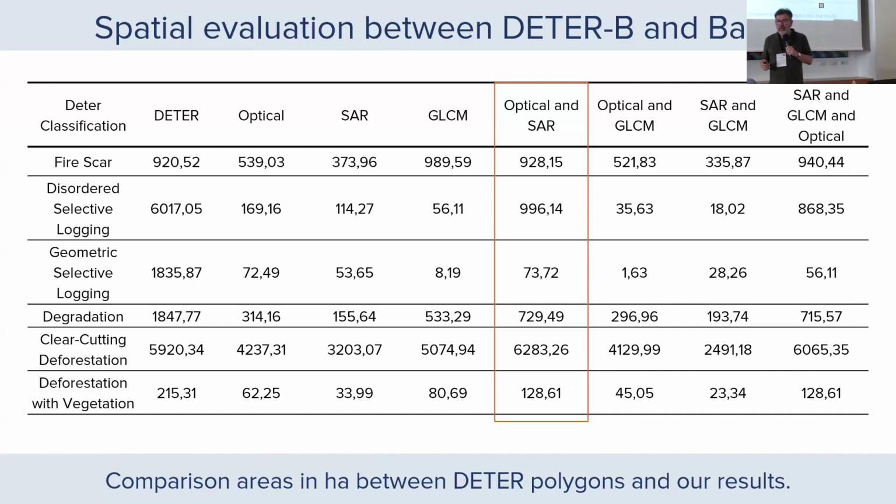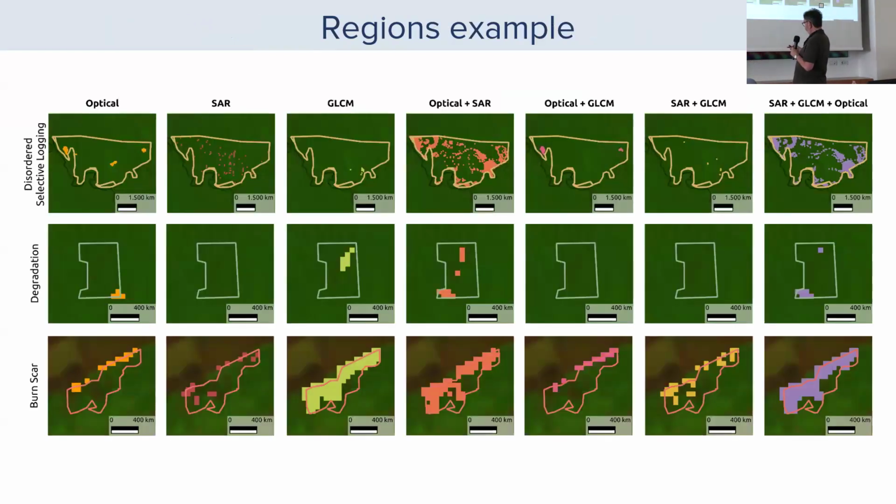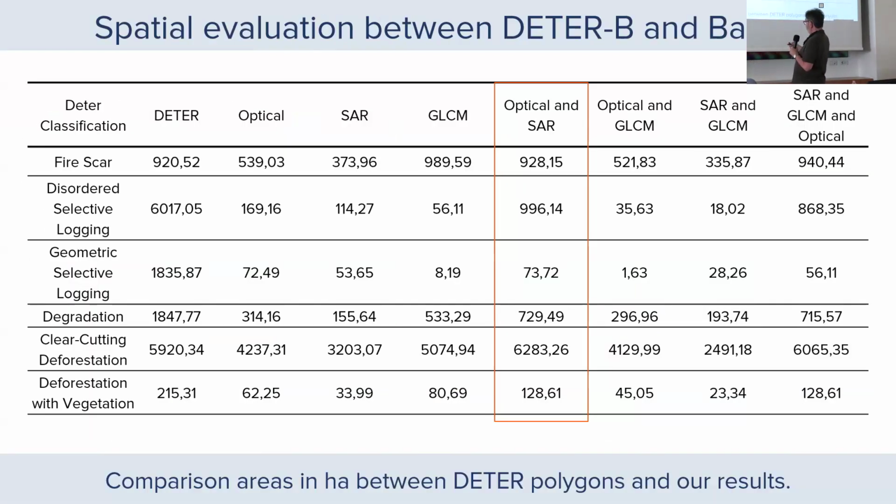But when you look at the other measures that were interpreted by visual interpreters, for example, degradation, the visual interpreters identified 1,800 hectares of degradation, and the optical and SAR combination only half of it.